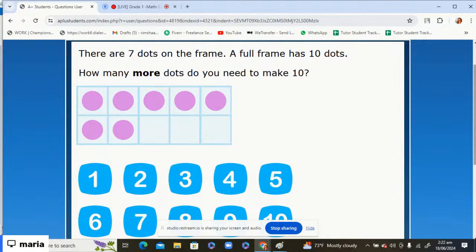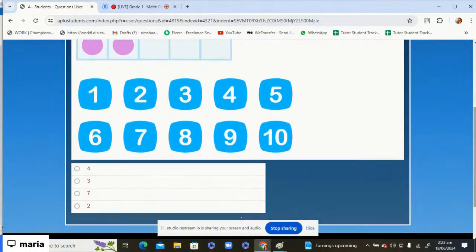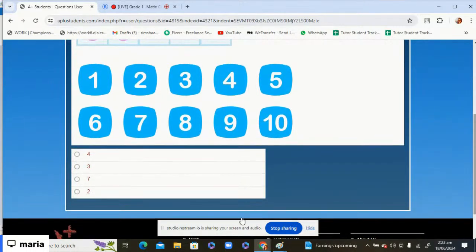How many total dots that are given? This is 7. Now how many blank spaces are left? Just count the blank spaces and then tell me. The blank space is 1, 2, and 3. 3 more dots that you need to make 10. Okay, so there is an option 3.